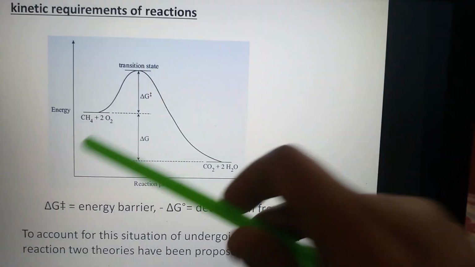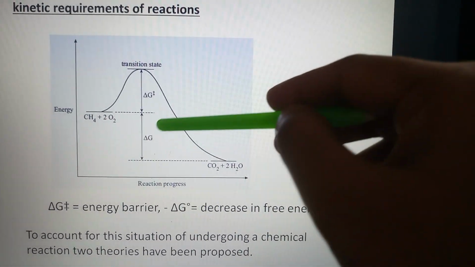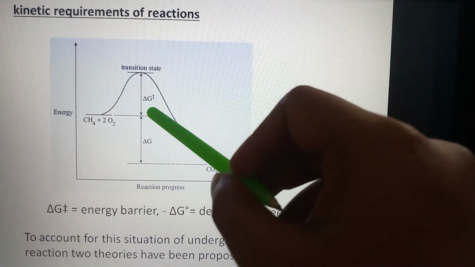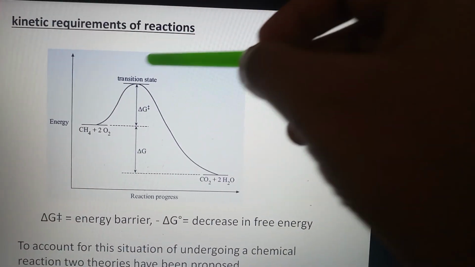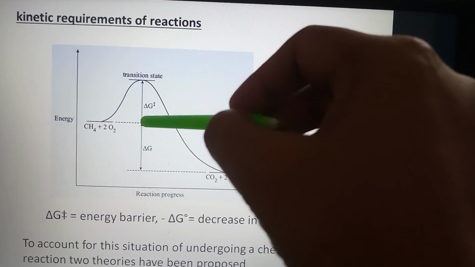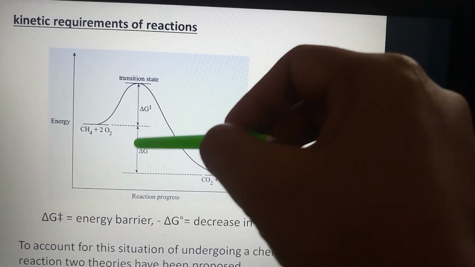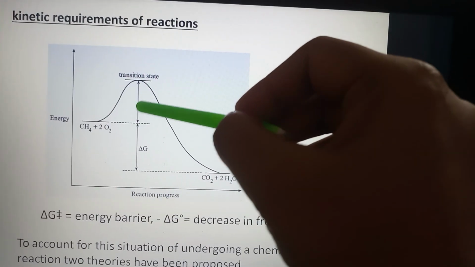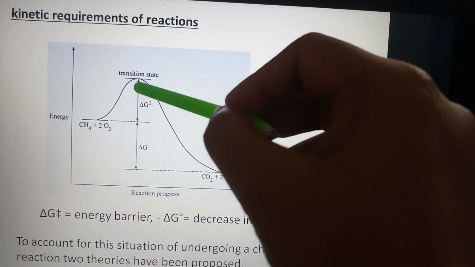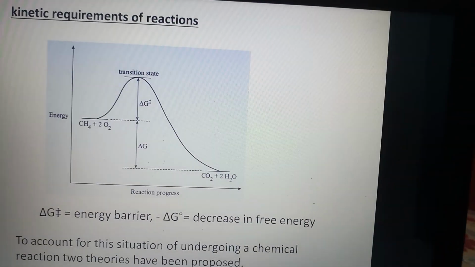You have seen from this graph that this portion indicates energy barrier, delta G star, and this portion indicates thermodynamic requirement, but this portion indicates kinetic requirement.